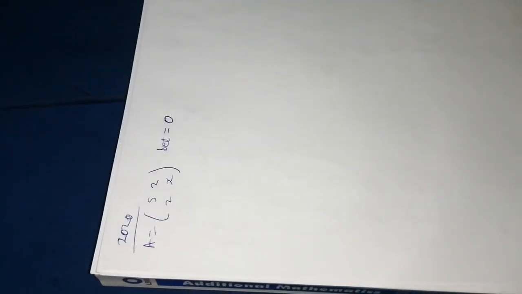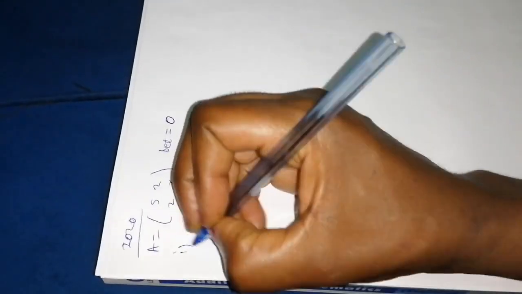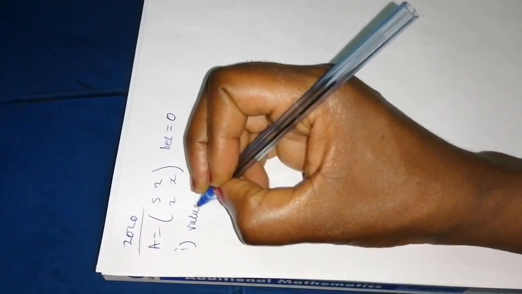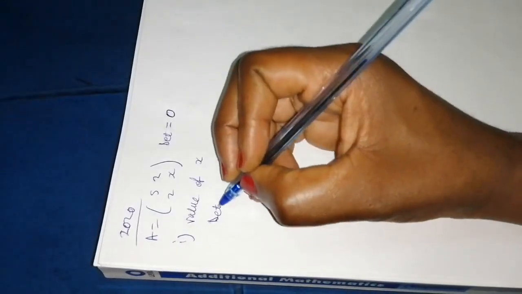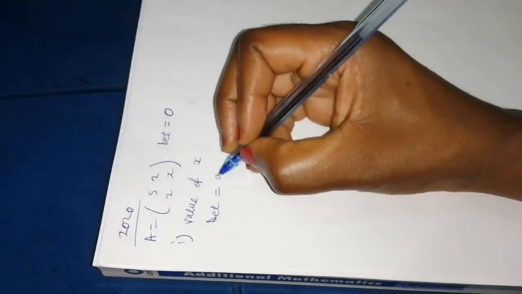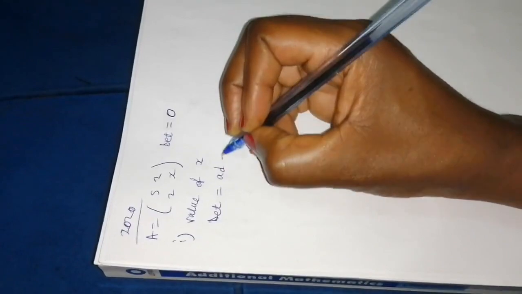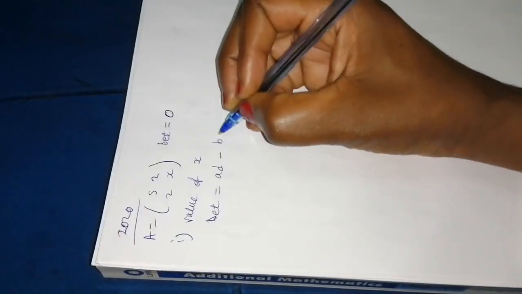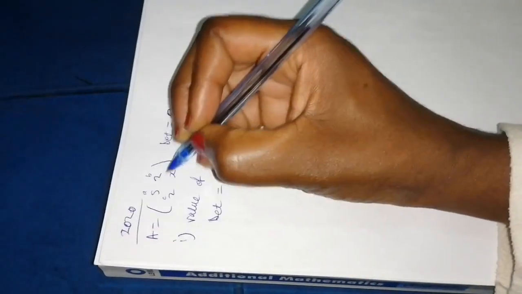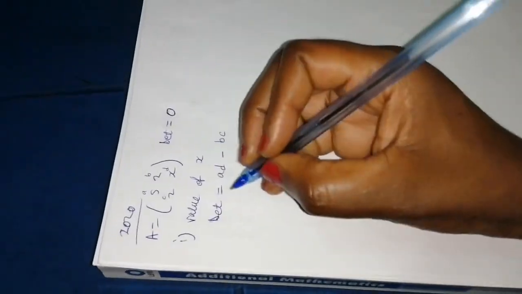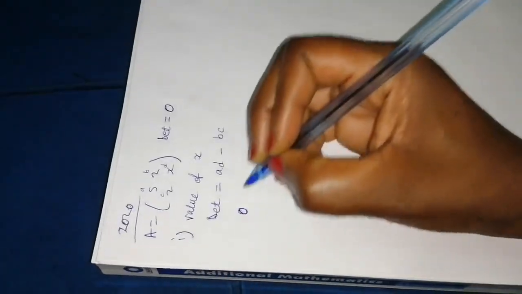We simply use the same formula. So value of x, we find it by using this formula. Determinant equals a times d minus b times c. So a is there, b, c, and d. Substituting, determinant is 0.